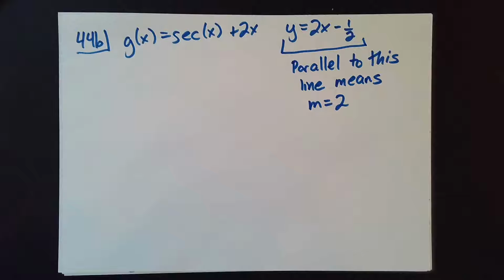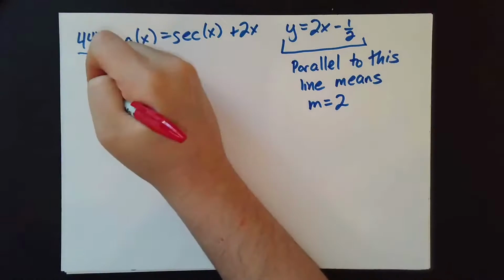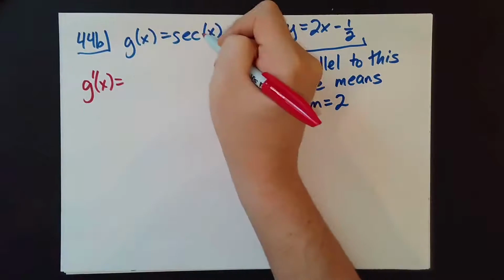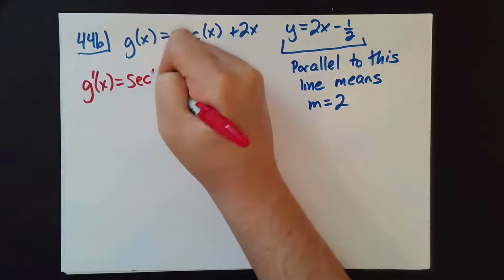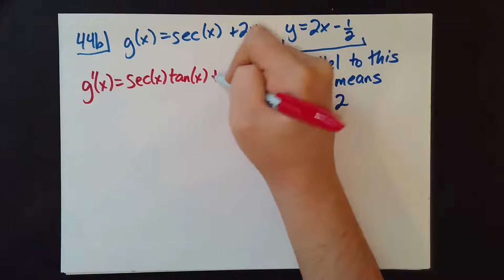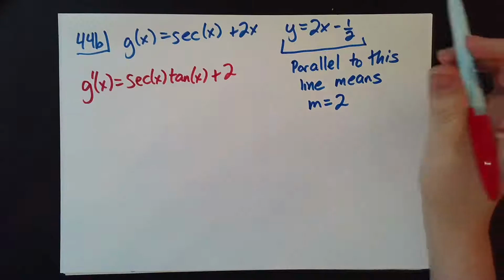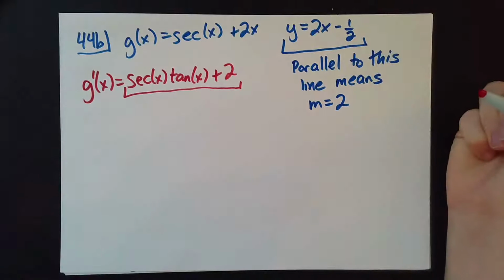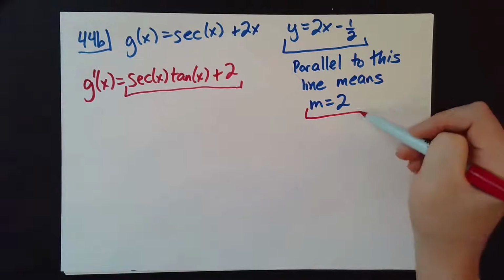Okay, so we need to go ahead here and take the derivative first. So this will be the derivative of secant, which is secant of x tangent of x, plus 2. And we need to set this equal to the slope we want, namely the slope 2.